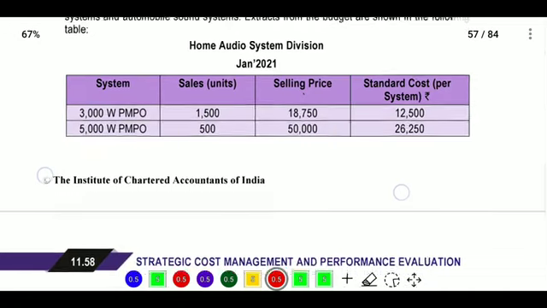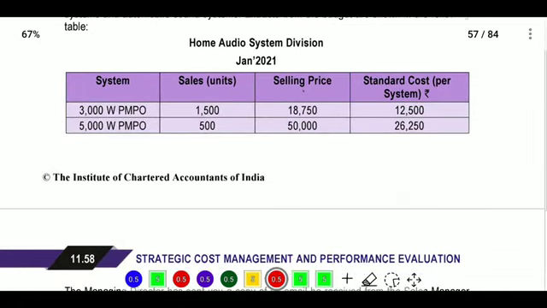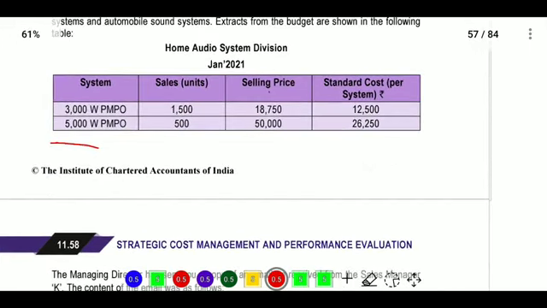So they have a home audio system division. What is there here? They provided 3000 W PMPO, that is sales will be 1500, selling price will be 18,750, and standard cost will be 12,500.